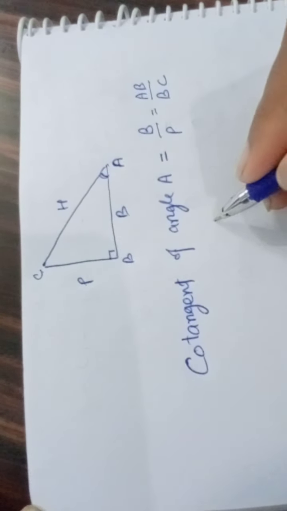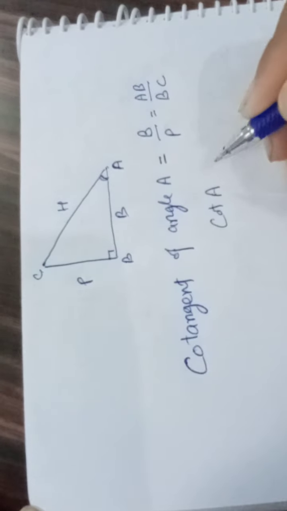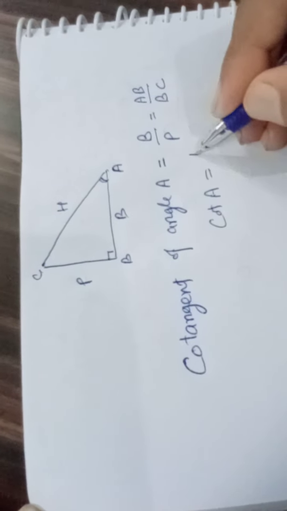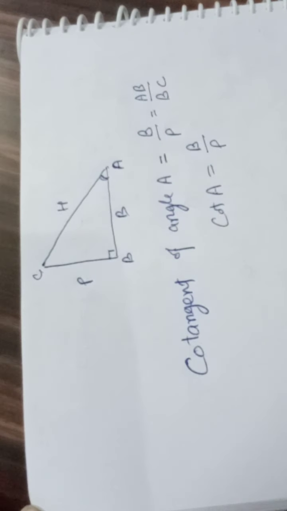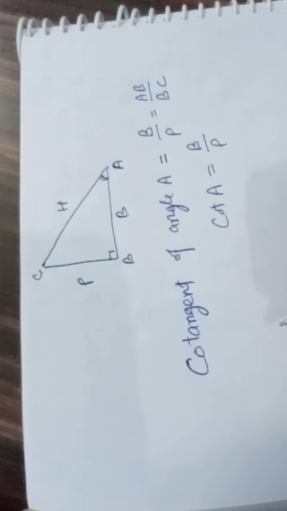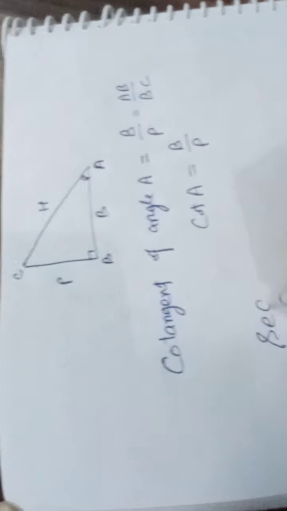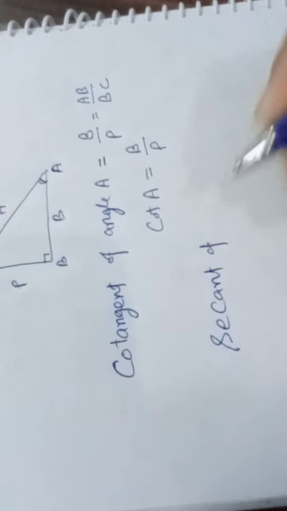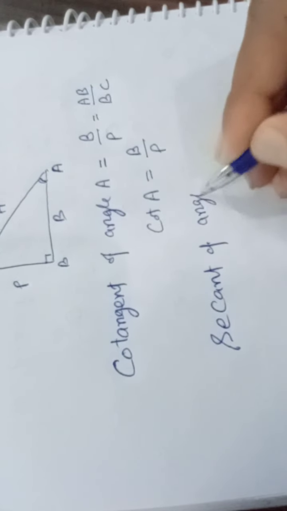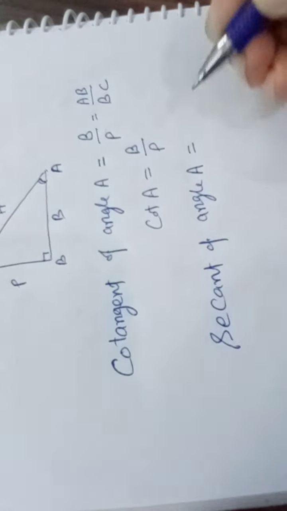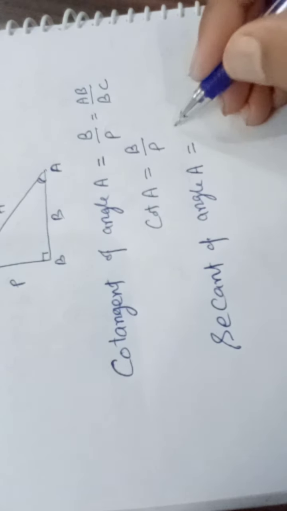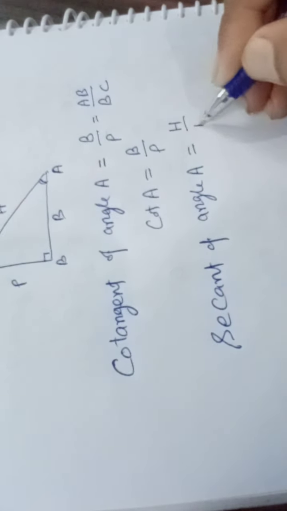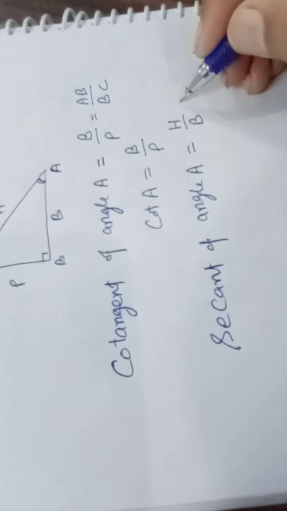And its acronym is cot A. Cot A is B by P. Then next ratio is secant of angle A. Secant of angle A, it is hypotenuse to base.